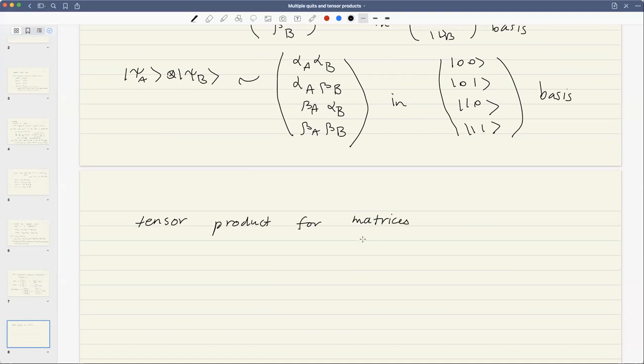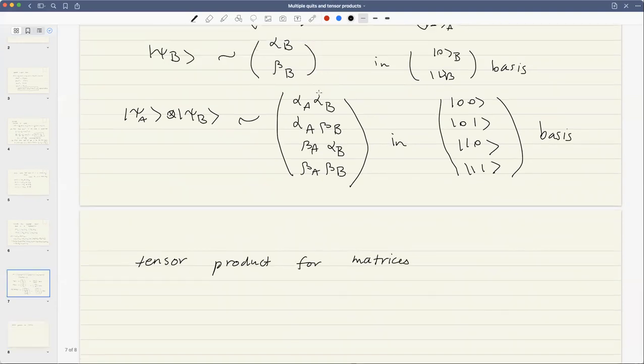And then we're going to apply it to this case.